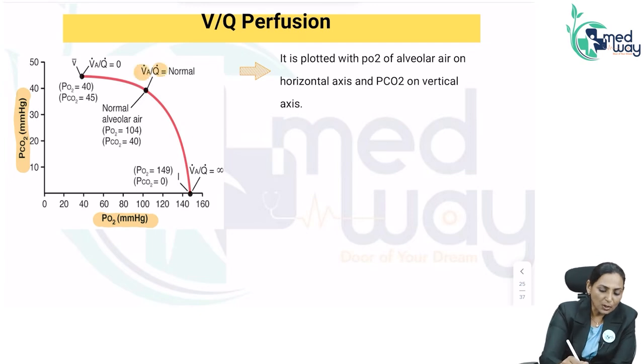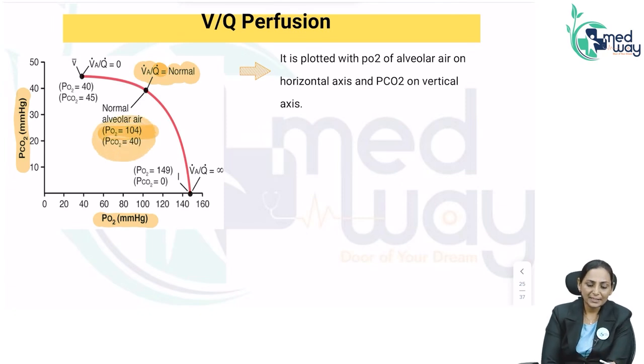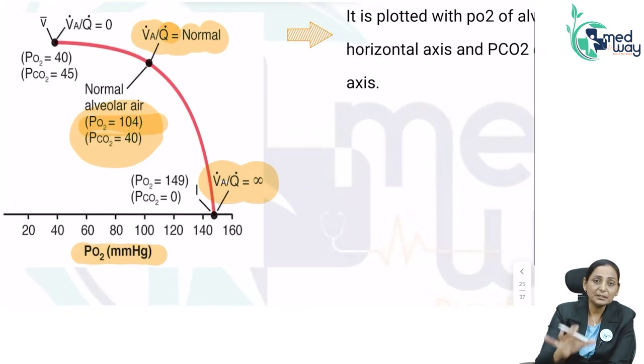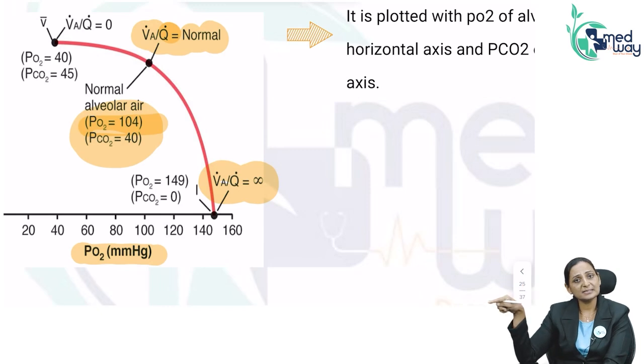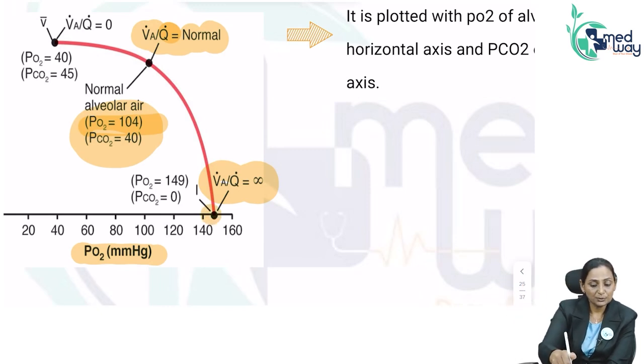So this is the normal point where the oxygen is 104 and carbon dioxide is 40. Okay? This is V by Q ratio infinity. Infinity means full ventilation and no perfusion. For example, pulmonary embolism. Graph related question with a clinical scenario, you should be able to mark the points.